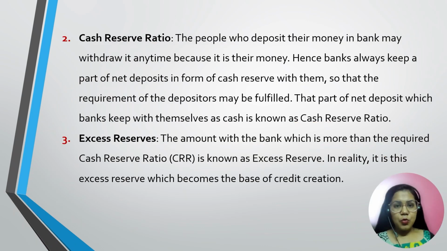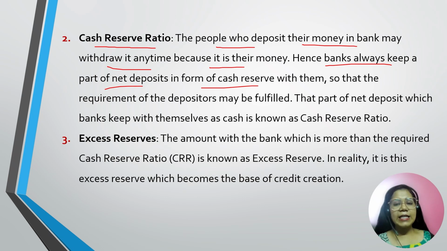Now we should know what the cash reserve ratio is. We know that banks want to earn more and more profits by giving loans, but it does not mean that they can lend their entire cash. The people who deposit their money in a bank may withdraw it anytime because it is their money. Hence banks always keep a part of the net deposits in the form of cash reserves with themselves so that the requirement of the depositors may be fulfilled.